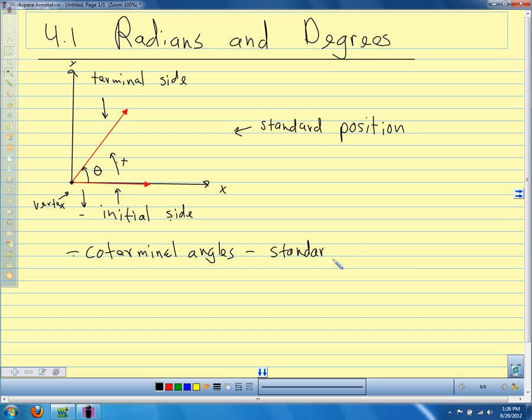So we're in standard position. And they share the terminal side.